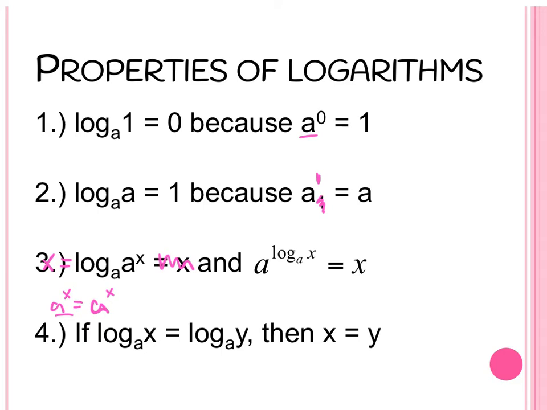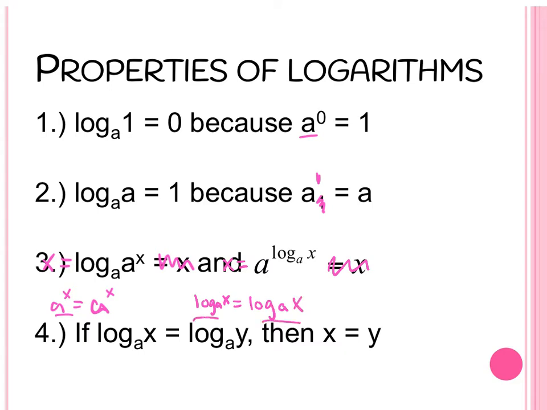And then the second one, again, I like to write equals out front. So the a is our log of a. The log base a of x goes out front, and then the x goes over here.